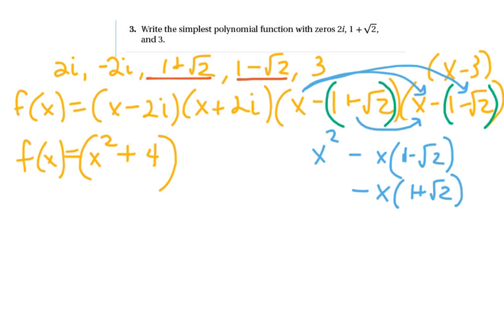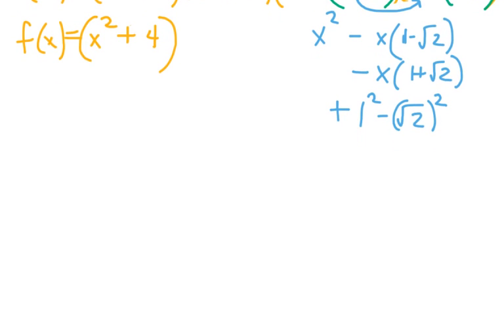And then I have 1 plus root 2. Then I have plus, because it's a negative 1 plus root 2 times a negative 1 minus root 2, so it's going to be a positive. And it's a plus minus, so it's going to be 1 squared minus root 2 squared.